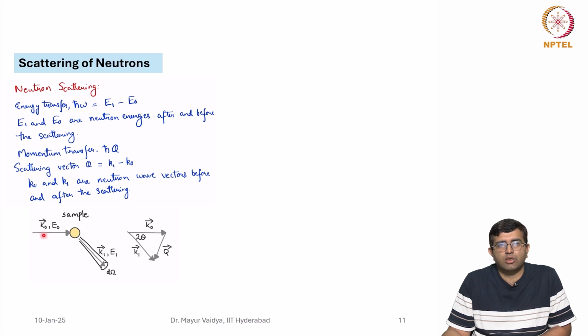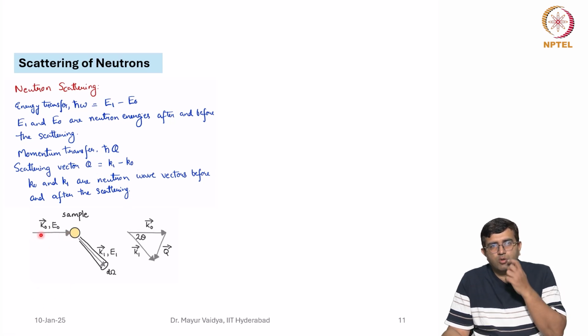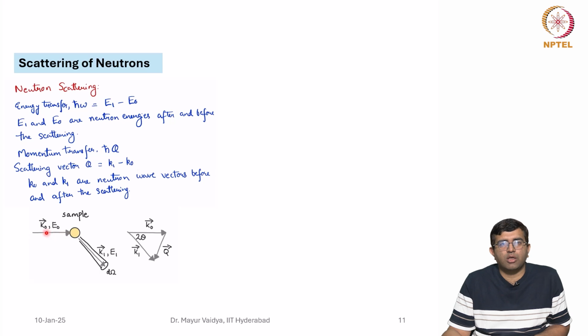So, a neutron wave comes with a wave vector k naught and energy E naught, and then it is scattered and the wave vector changes to k1 and the energy changes to E1. This is the angle at which it is scattered. This is typically the relation between k1, k naught and q.